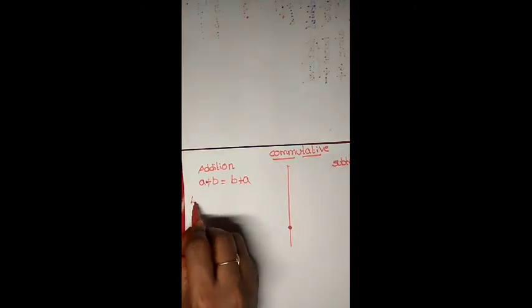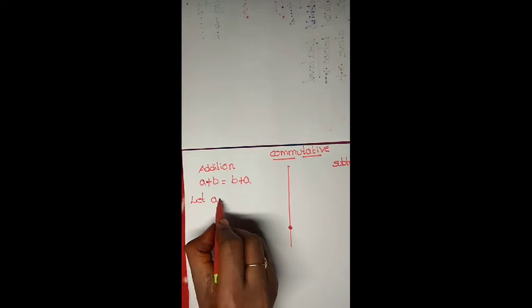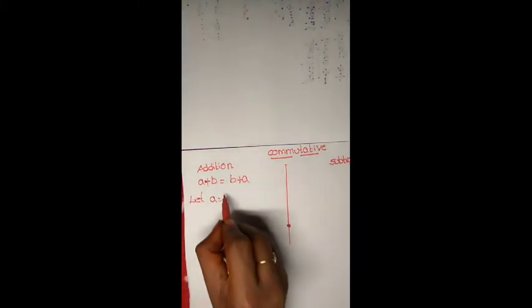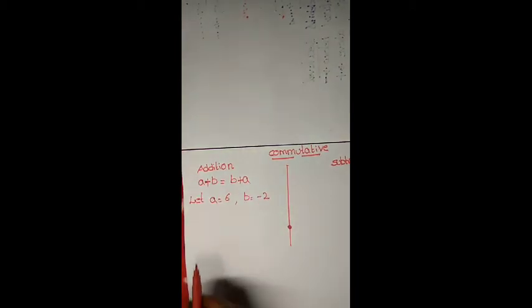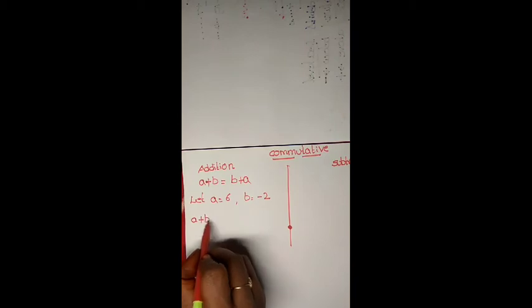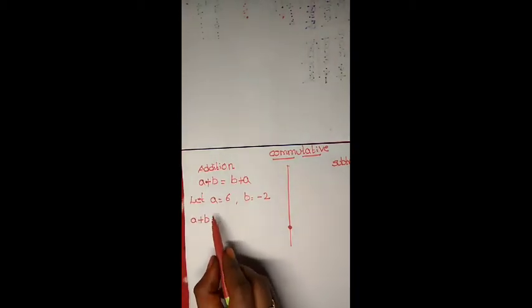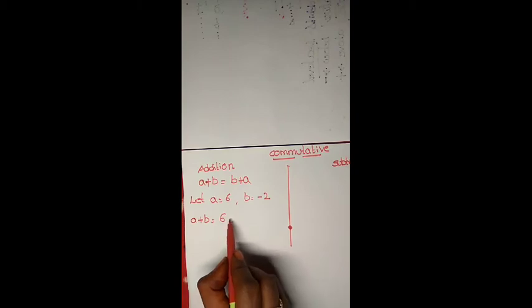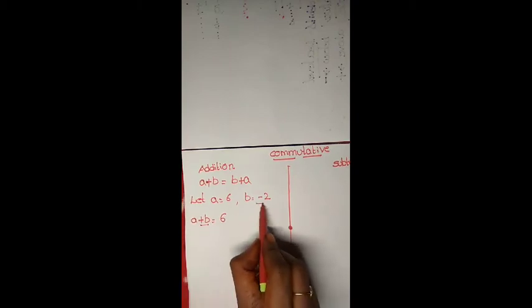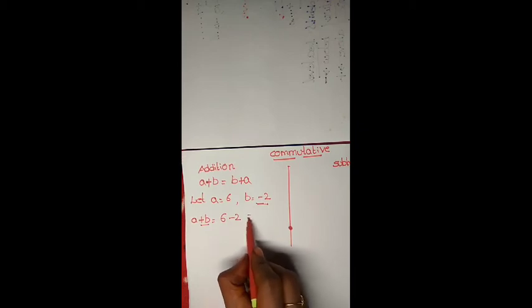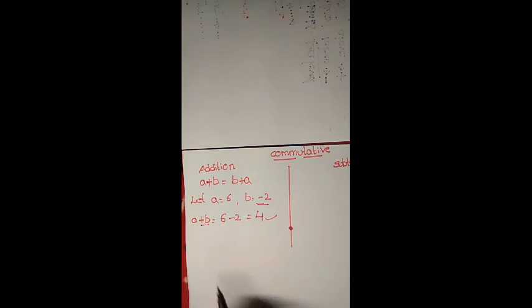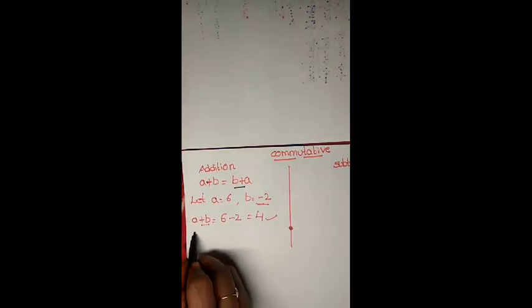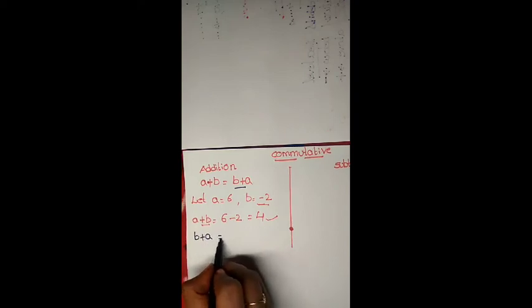Now let us check with some examples. Let us take a as 6 and b as minus 2. Here I am taking one positive and one negative value. Next, substituting these values in a plus b equals b plus a, the value of a is 6 and b is minus 2. So you have to take the number with sign, don't forget to bring that. 6 minus 2 gives 4. 4 is a positive number which belongs to an integer.